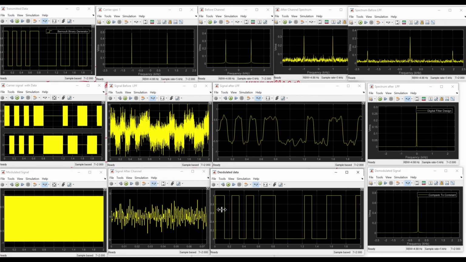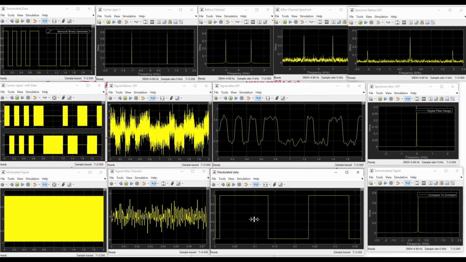So when we compare this signal with respect to 0, then we will get 1. This delay is because of the design of our LPF. You can play with the values of L stop and L pass to decrease the delay.